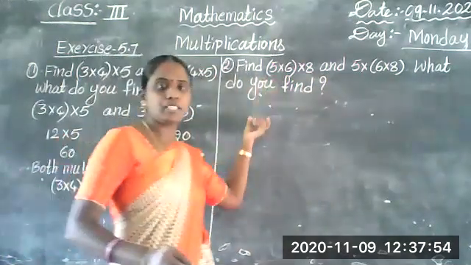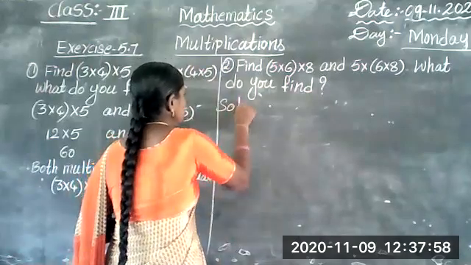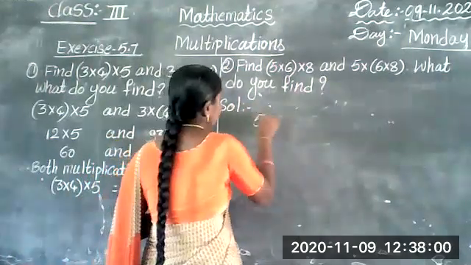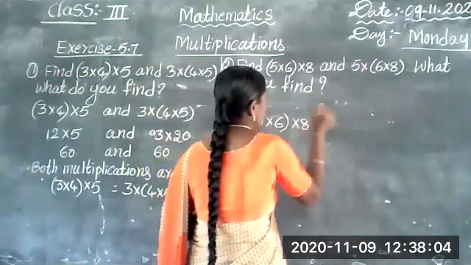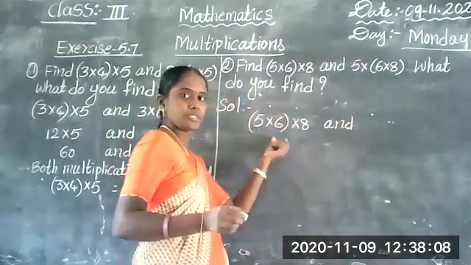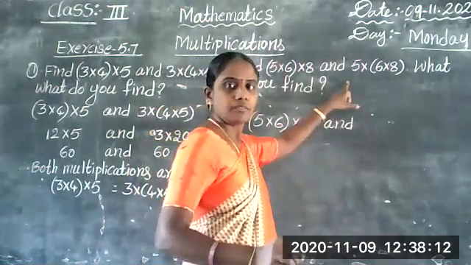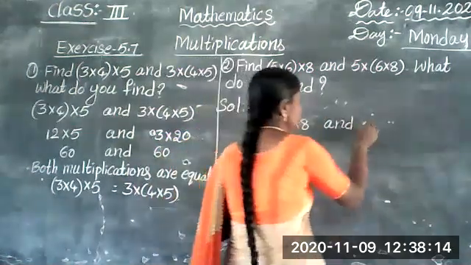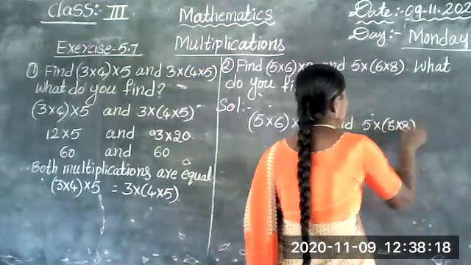First this multiplication, (5 × 6) × 8, and next one more multiplication, 5 × (6 × 8).